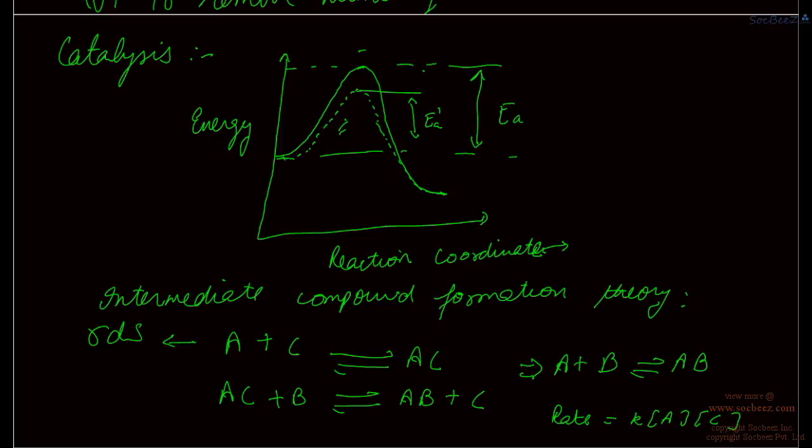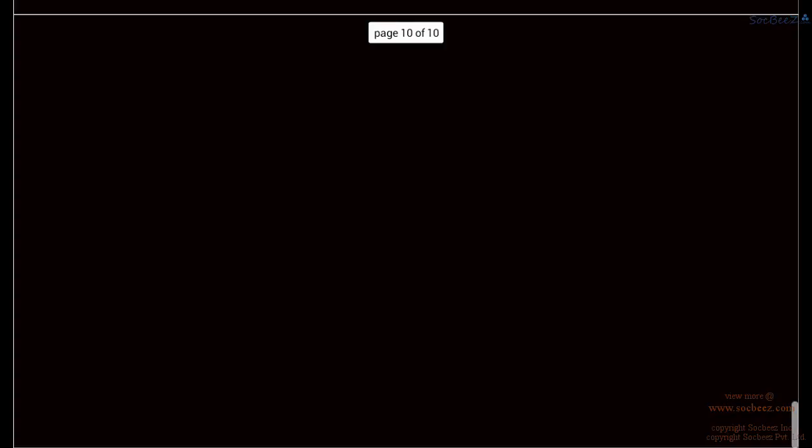The pathway followed in case of adsorption is: first, diffusion of reactants on the surface, then some form of association between catalyst surface and reactant, occurrence of chemical reaction on the catalyst surface, desorption of reaction products away from the catalyst surface, and then diffusion of reaction products away from the catalyst surface. So these steps occur in case of the adsorption theory.